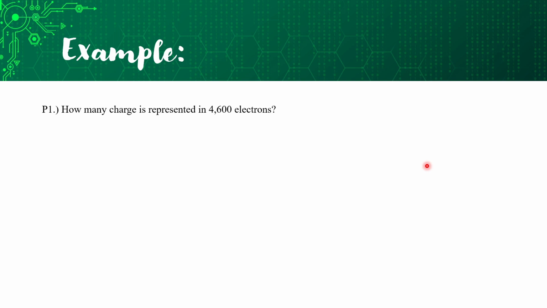To use the formula that I gave earlier, for example, we have this question: how much charge is represented in 4,600 electrons? We know that one electron is equivalent to negative 1.602 times 10 to the power of negative 19 coulombs.